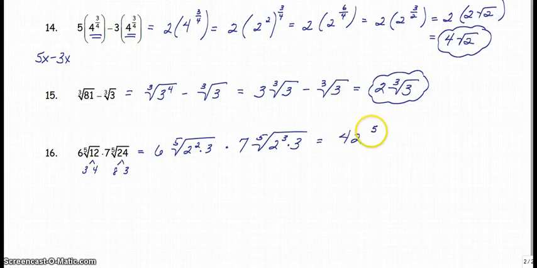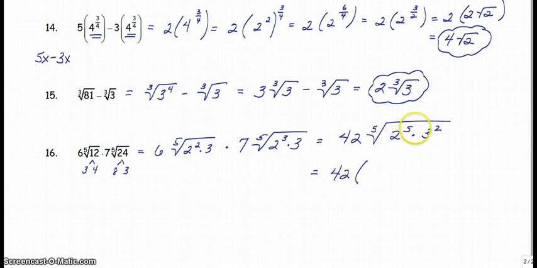Insides with insides, so I'd have the 5th root of 2 squared times 2 cubed is 2 to the 5th. And then 3 times 3 is 3 squared. So times 3 squared. Taking my exponents and dividing by the index, I would have 42 times, and then 5 divided by 5 is 1, remainder 0, so a 2 gets to come out. 2 divided by 5 is 0, remainder 2, so the 3 squared would have to stay in, so I'd have the 5th root of 3 squared.